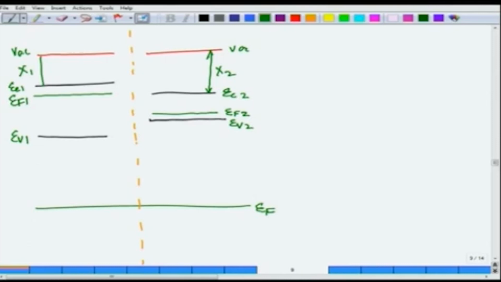Let us draw it far away. Again, look far away from the interface. Far away from the interface, we are assuming the semiconductors are very long in this direction and in this direction, so far away from the interface they will be unaffected. If that is the case, then with respect to the Fermi energy, the EC level will remain the same. That means N type behavior will remain the same.